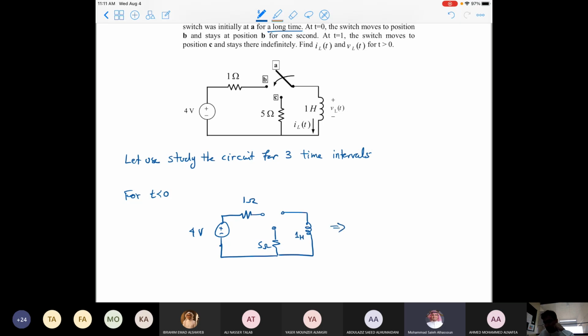So clearly the current passing through the inductor is 0, and the voltage is also 0.